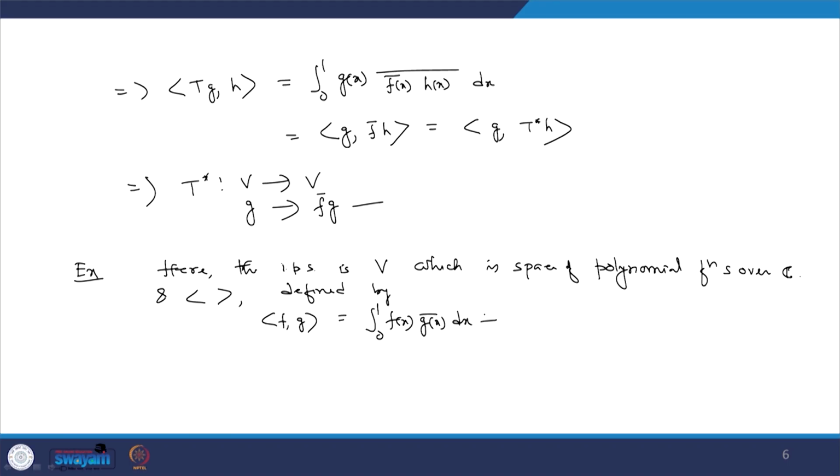Now, let us consider the linear operator D, the differentiation operator on V. So, I have taken my linear operator to be the derivative.